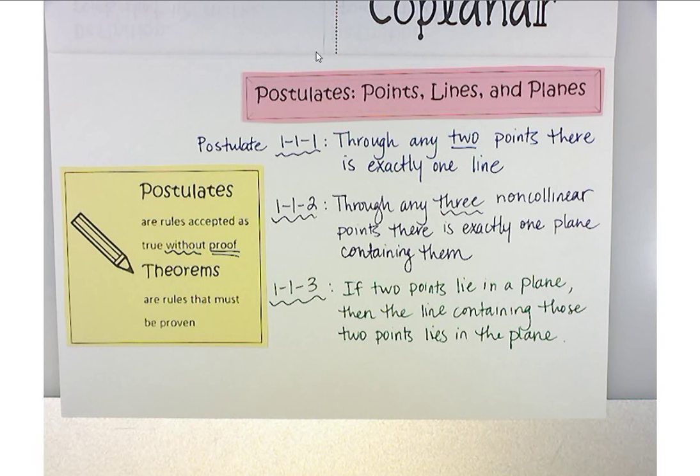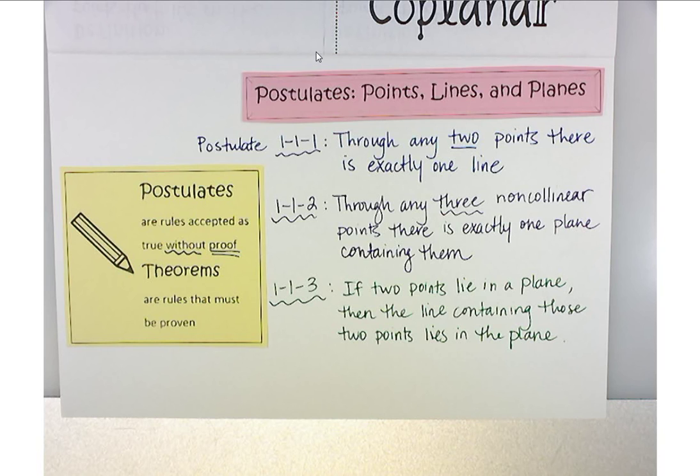Then the second postulate in 1.1 is through any 3 non-collinear points, there's exactly one plane containing them. Again, as long as those 3 points are non-collinear, which, Robert, what does it mean if they're non-collinear? Good. If the 3 points are not on the same line, there is a plane between them, even if we can't see that plane.